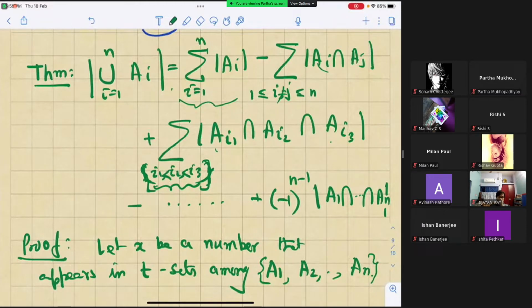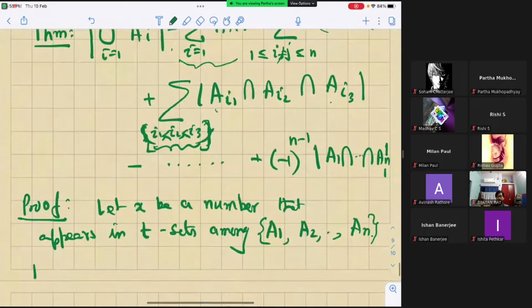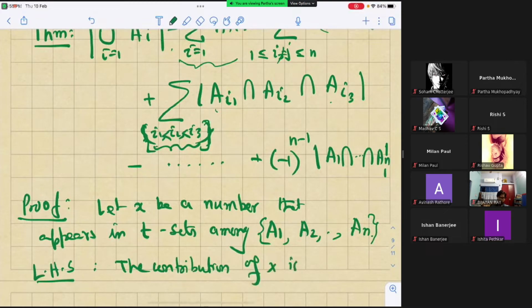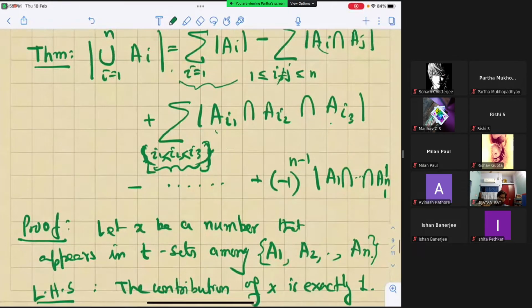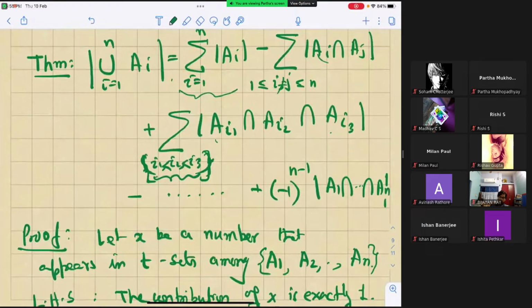Left-hand side is simply the union. So the contribution of the number is 1, right? You have contributed the number only once. So the contribution of X on the left-hand side is exactly 1. So we only have to argue that the contribution of X on the right-hand side is also 1.